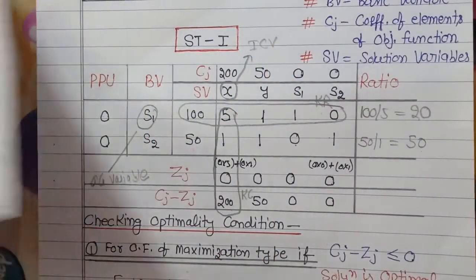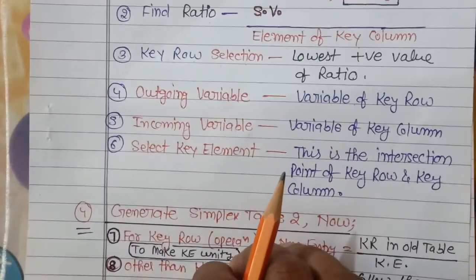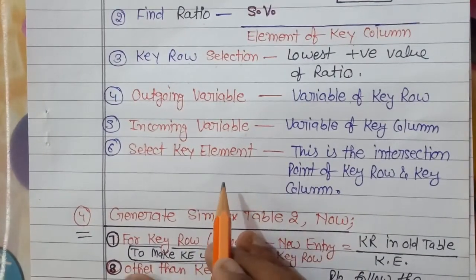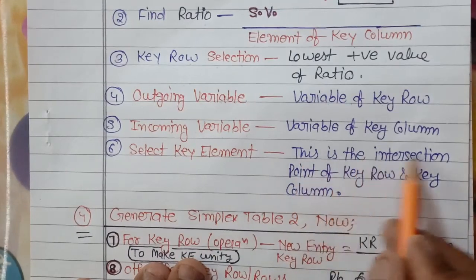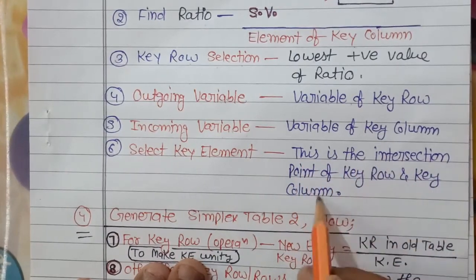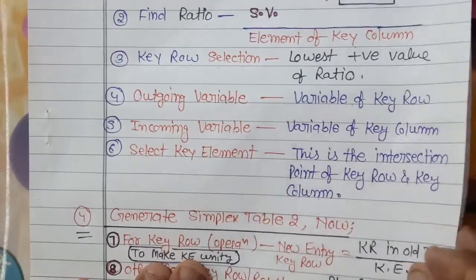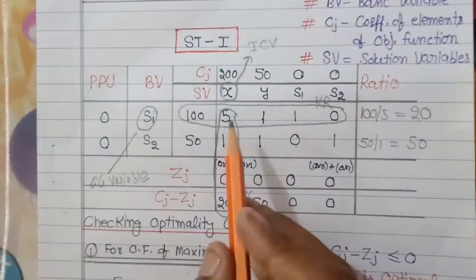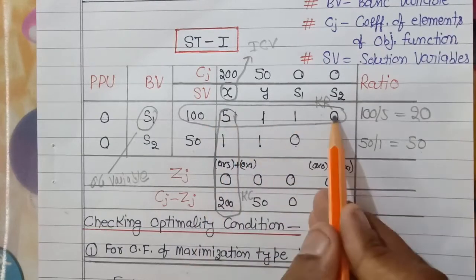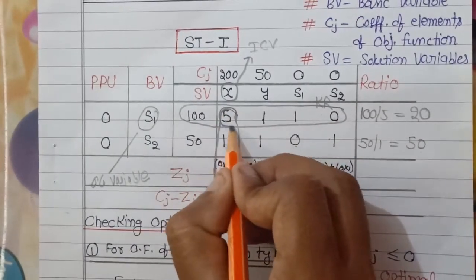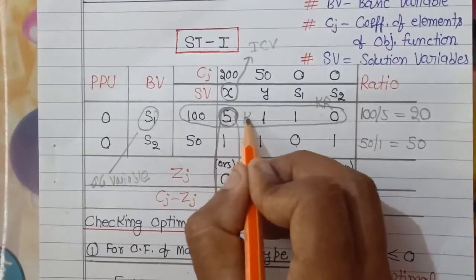And the sixth point, we have to choose now the key element. The element which is at the intersection of key row and key column is called the key element. Here you will see that this 5 is available at the intersection of the key column and key row, so this 5 is now called the key element.